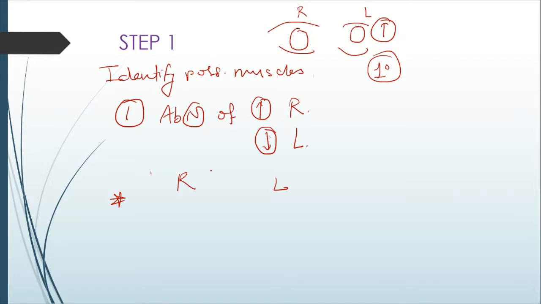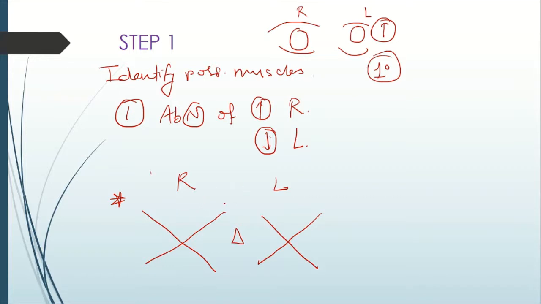Now if I make a very simple diagram for you, suppose this is the nose, this is a cross-viewing diagrammatic representation. I told you medially, on the nasal aspect, who will be the main elevators and depressors?